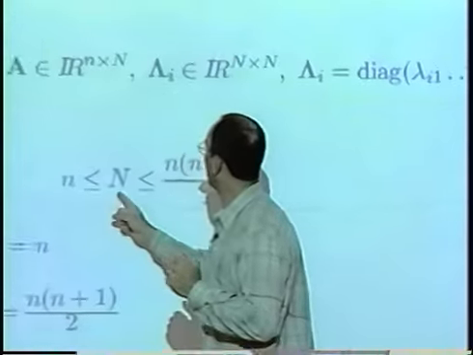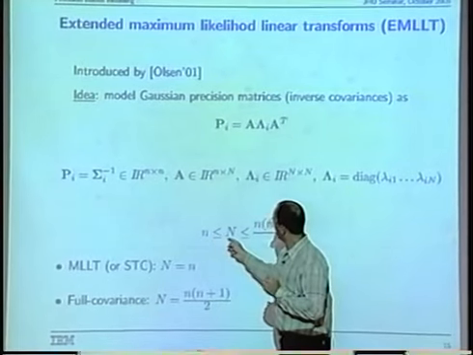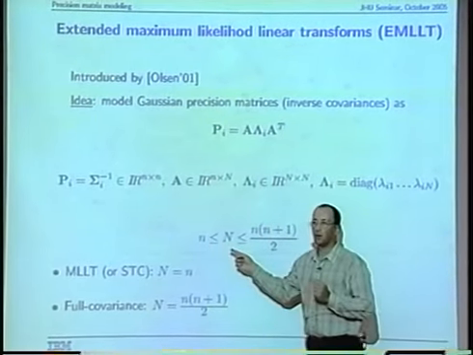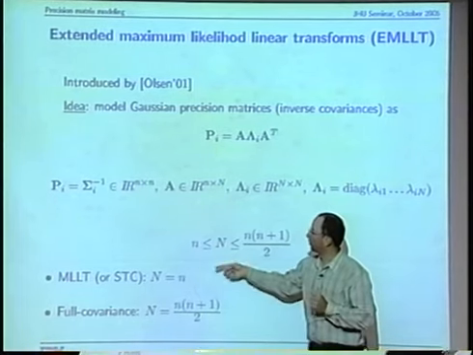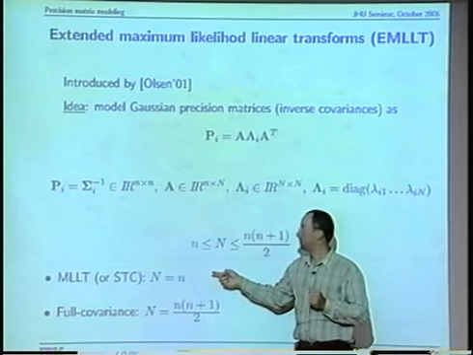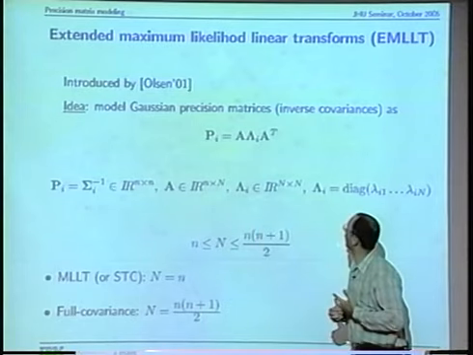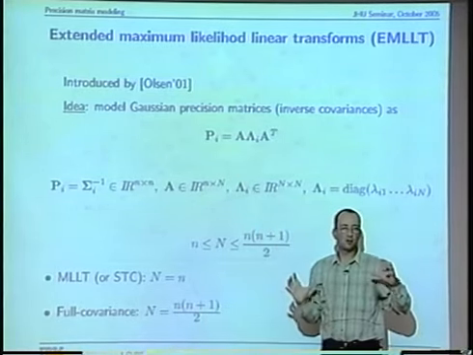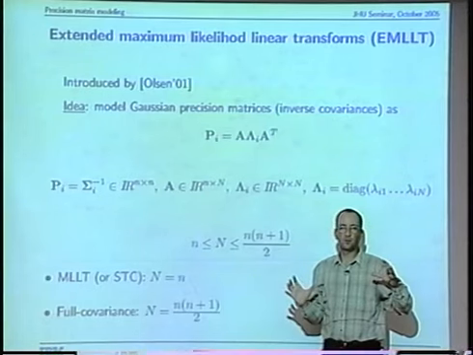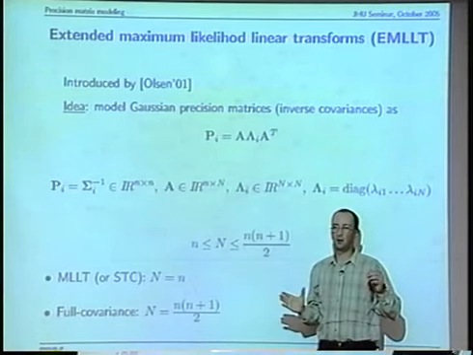Now there's two special cases for capital N. At the left, when the dimensions of the two spaces are the same, we have the semi-tied covariance transform, or also called MLLT, depending on whether it's the Gales terminology or the Gopinath terminology. And in this case, A is simply a rotation in the same space. It's actually a general affine transform, but think of it as a rotation.